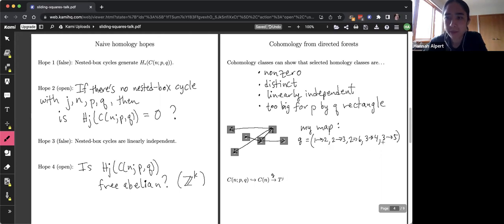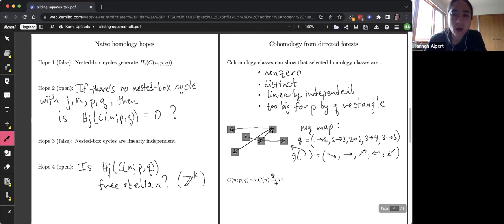So I have a map to a 5-dimensional torus. And if I want to evaluate it on this configuration, I get some tuple of directions, like this one, this one, this one, this one, and that one. And this tuple is the element of my 5-dimensional torus that this configuration would map to.